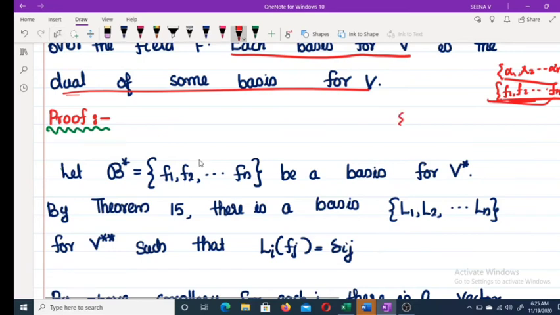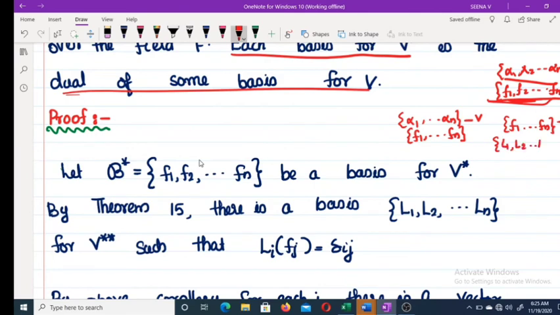Earlier we considered α1, α2, ..., αn as a basis for V, and then correspondingly there exists f1, f2, ..., fn as a dual basis. Here we are considering f1, f2, ..., fn in V star and considering its dual basis L1, L2, ..., Ln in V double star.